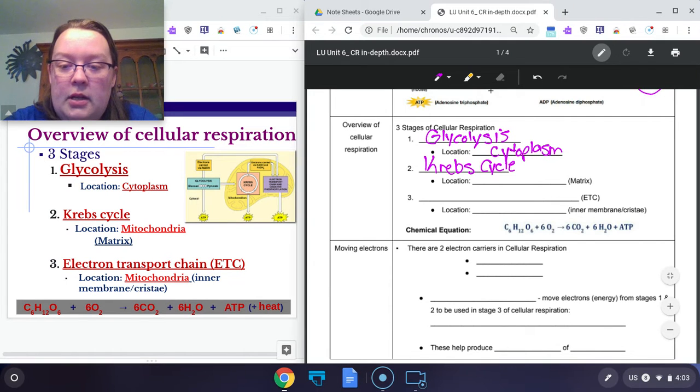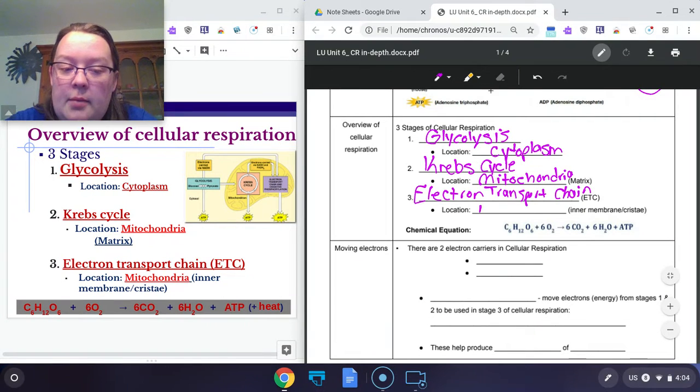And this is going to happen in the matrix of the mitochondria. And then step 3 of cellular respiration is called the electron transport chain. And you will see that abbreviated ETC. And again, this happens in the inner membrane of the mitochondria.